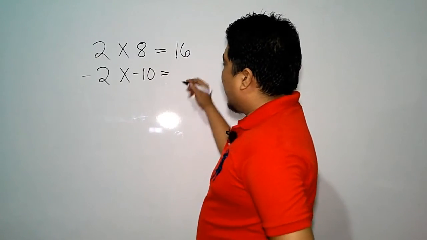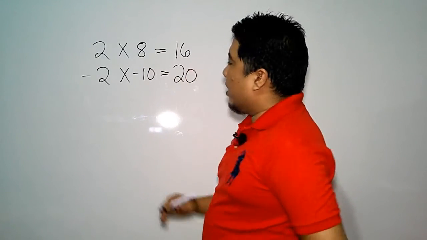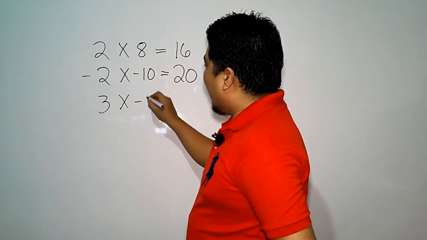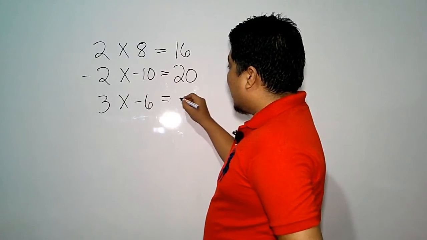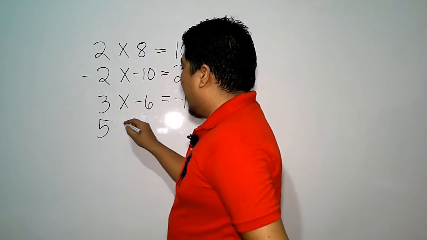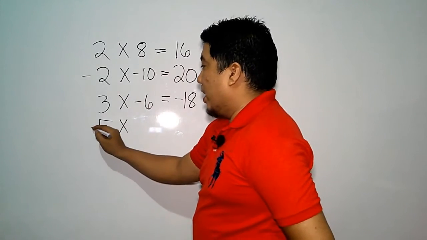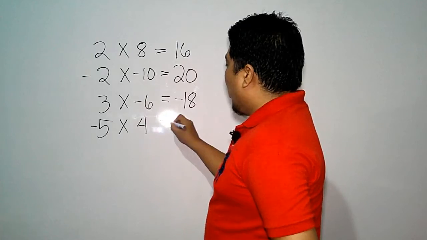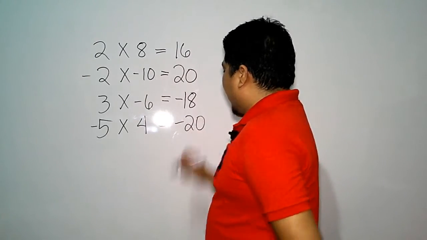The final answer is positive 20. If we consider positive 3 times negative 6, the answer is negative 18. If we consider negative 5 times positive 4, we have negative 20.